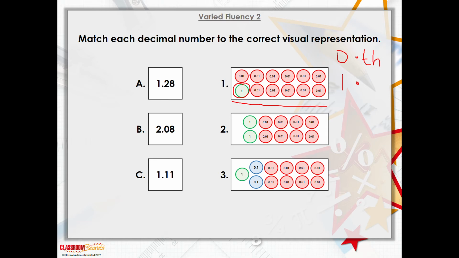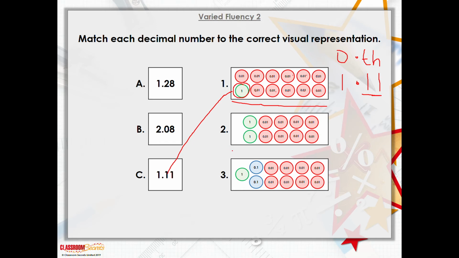It's actually got no tenths as a counter, but we'll look at how many hundredths it's got. 1, 2, 3, 4, 5, 6, 7, 8, 9, 10, 11. So it's 11 hundredths, which is 1/10, because 10 hundredths are a tenth, and then 1/100th. So that is 11 hundredths. Okay, so C should match to number 1.